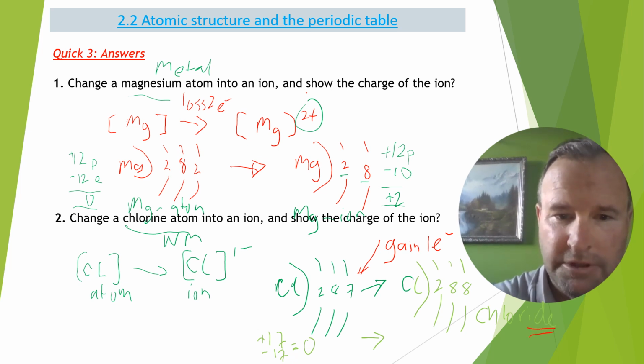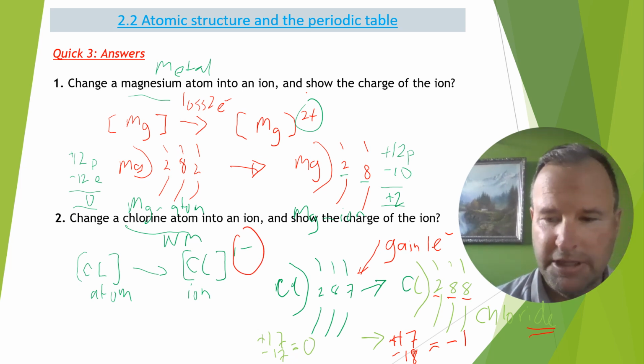We've got 17 protons. Now we've got, because we've gained 1 electron, 2 plus 8 plus 8 gives us 18. Adding that together, we get minus 1, hence the charge here of 1 minus. Let's have a look at the next question.